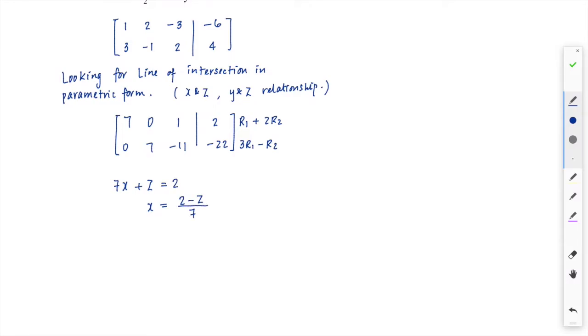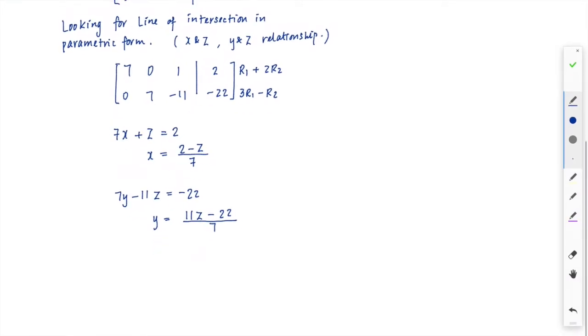Okay, and then second equation, I have 7y minus 11z equals -22. So y is 11z minus 22 over 7.